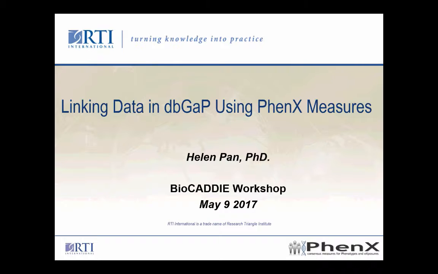So here is the homepage for PhenX, and you can browse the measures in the research domains. We also have a special collection. You can also search the measure by searching keywords. PhenX has a good coverage of the research domains. We have phenotypes.